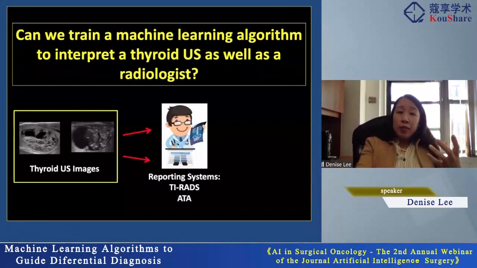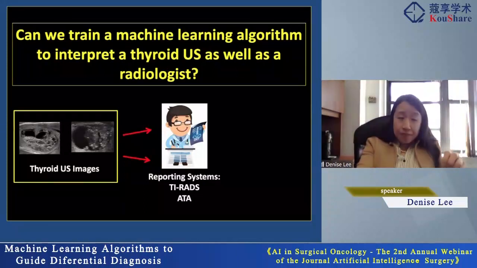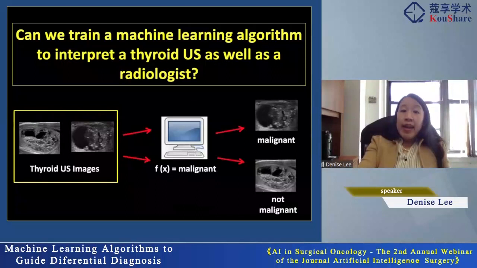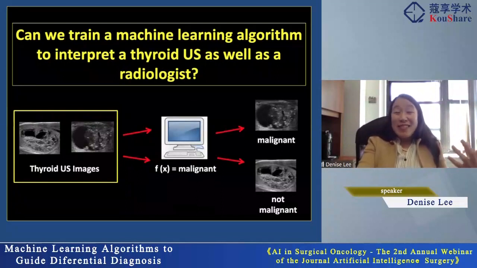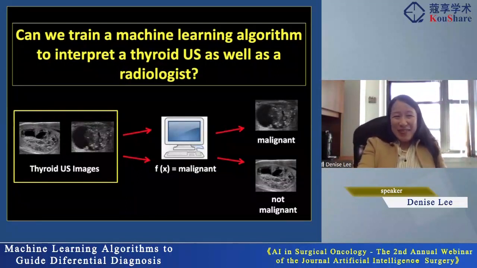Traditionally in the United States, we have reporting systems developed by the American College of Radiology called the TIRADS system. And we also use the American Thyroid Association guidelines for describing thyroid ultrasound images. And then they describe them as either malignant or benign. And then we want to see if we can replace the radiologist, or not replace, but augment the radiologist with machine learning algorithms.